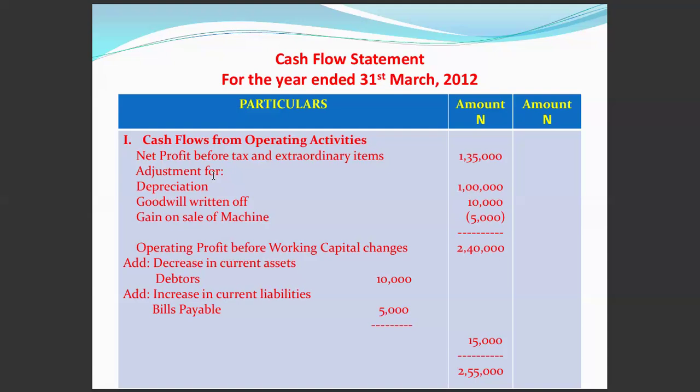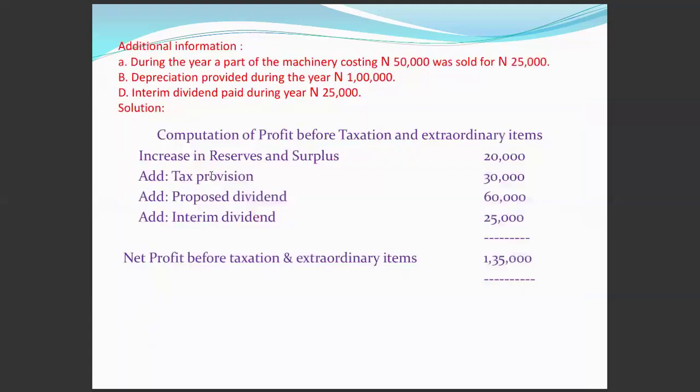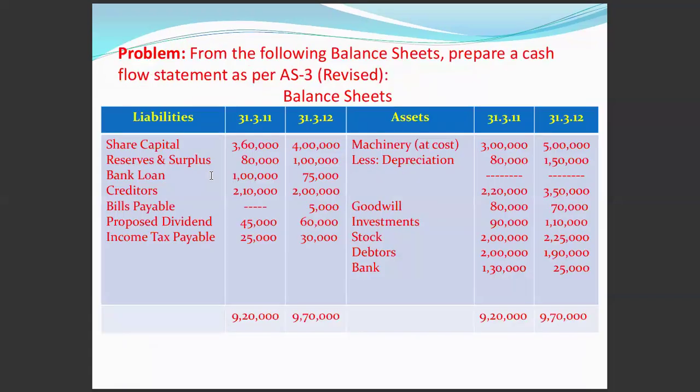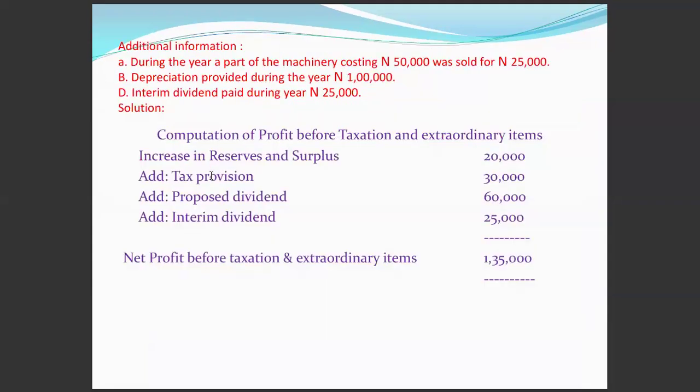Second, we have to adjust the depreciation, goodwill, and sale of machinery. Now, the depreciation is given in the balance sheet as 80,000 and 1,50,000. But here it is mentioned for the period as 1 lakh.